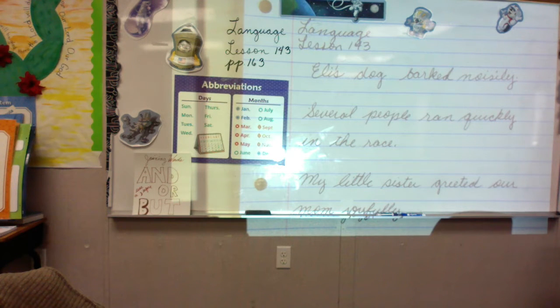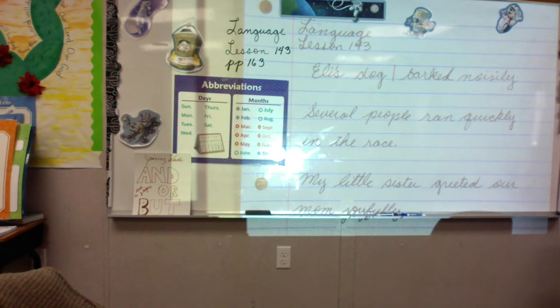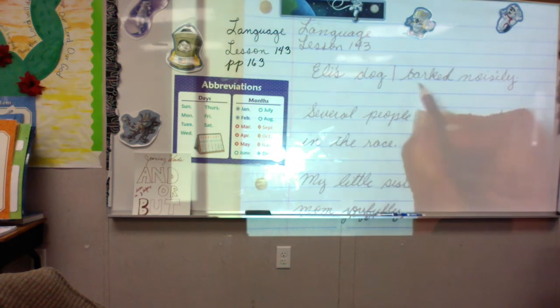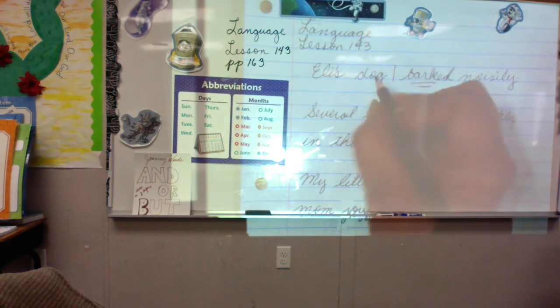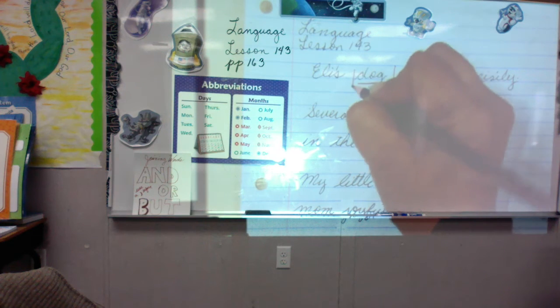Here we go. It says, Ellie's dog barked noisily. So I need to divide my sentence in subject and predicate. Boom. What is my verb? Barked. What is my subject? Dog. Dog is a noun.